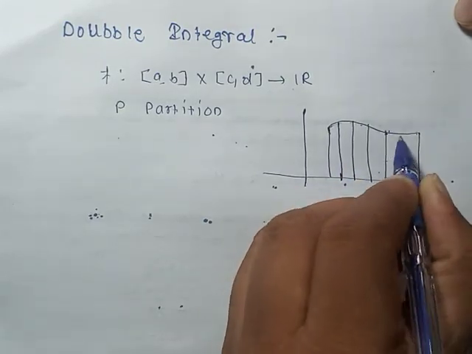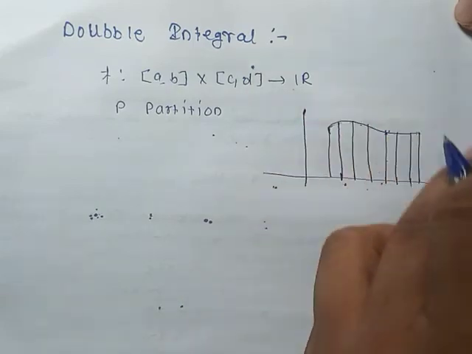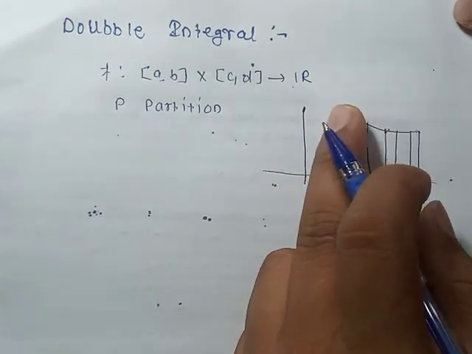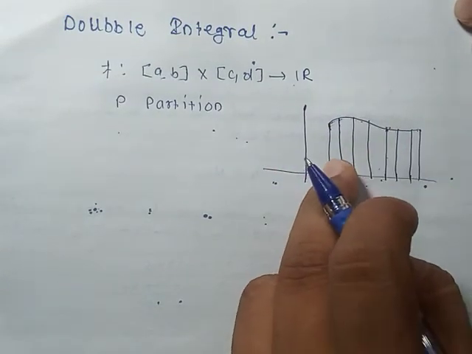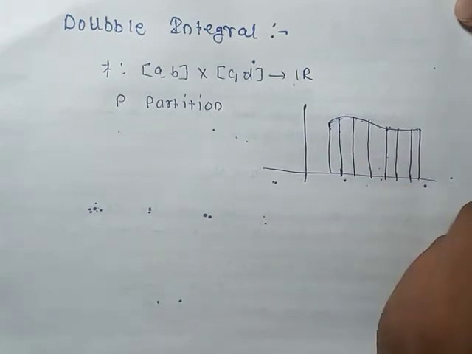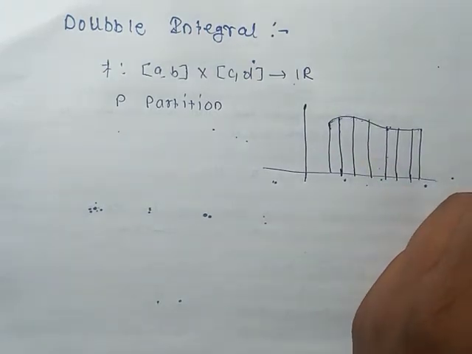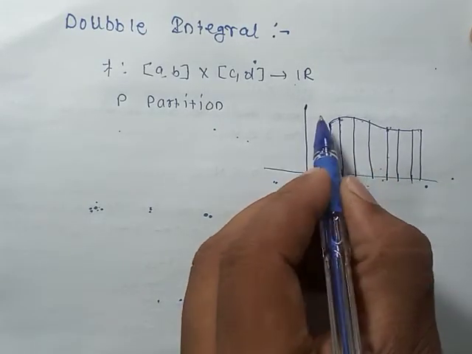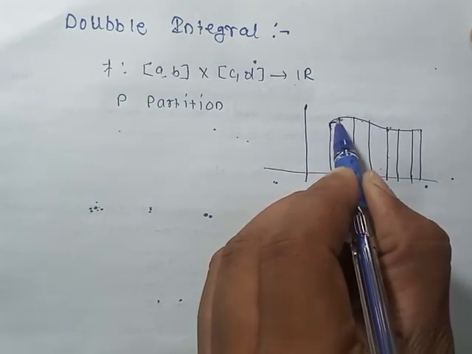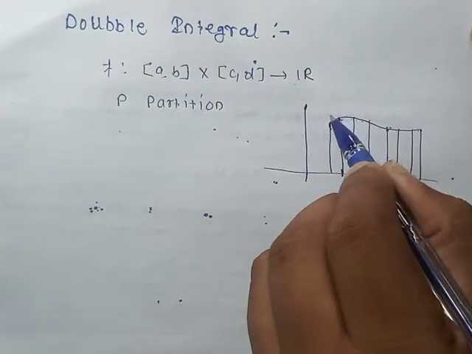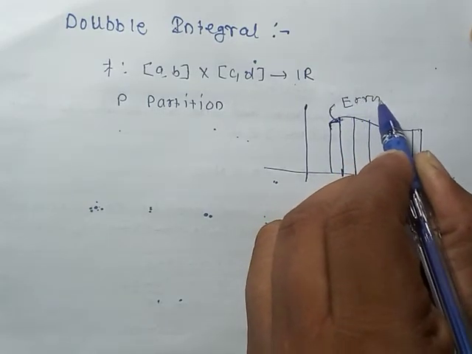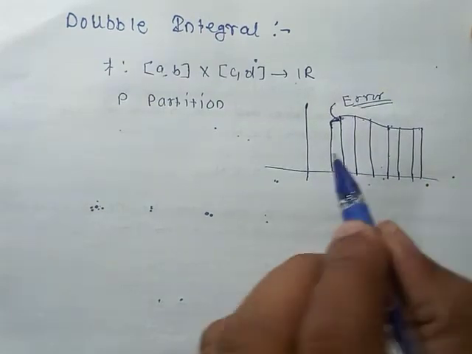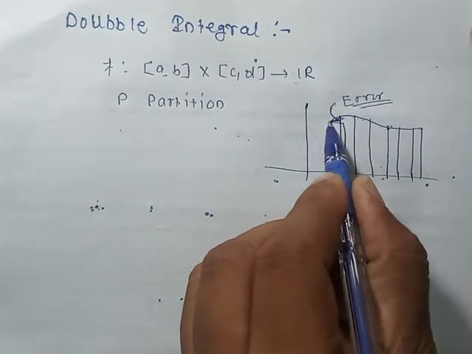The area of this whole region is equal to the sum of the areas of these rectangles, because we can calculate the area of a rectangle simply by the formula length into breadth. Here this is not a rectangle, but you can draw it by rectangles, and the area which remains here is called an error, and we can easily calculate this area.